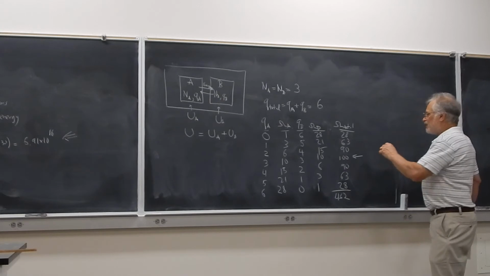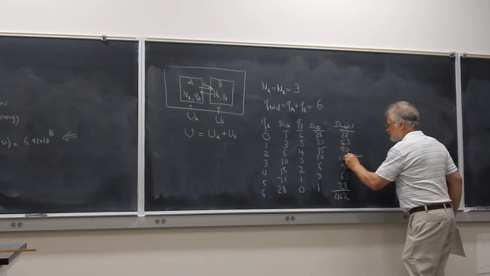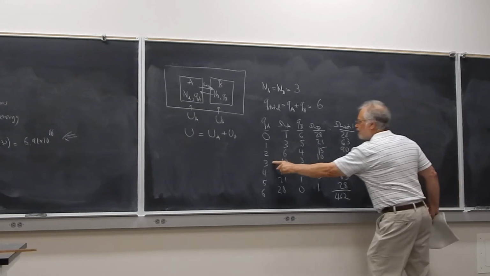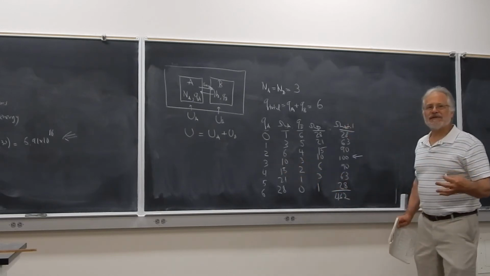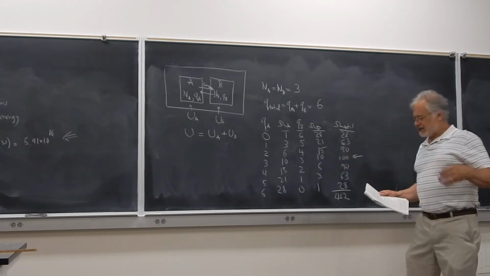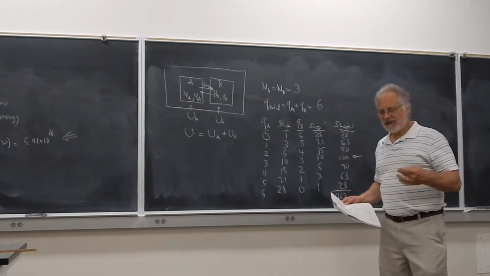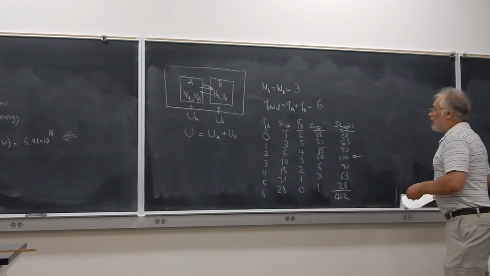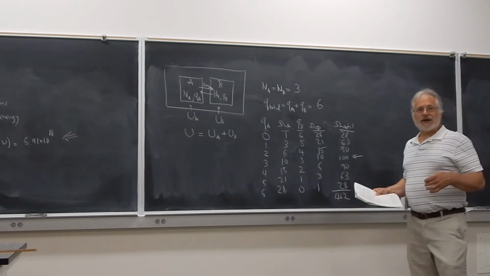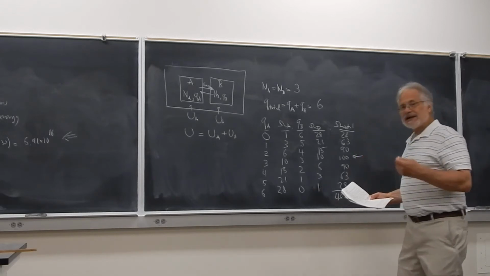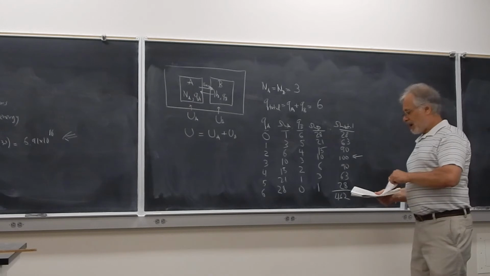Nonetheless, you see that we have somewhat more accessible states that have 3 and 3. So that's a more probable configuration than, let's say, 0 and 6 or 1 and 5 and so forth. But this is going to be very, very important to us as we go along. The idea of the postulate is that in equilibrium, all accessible microstates are equally probable.